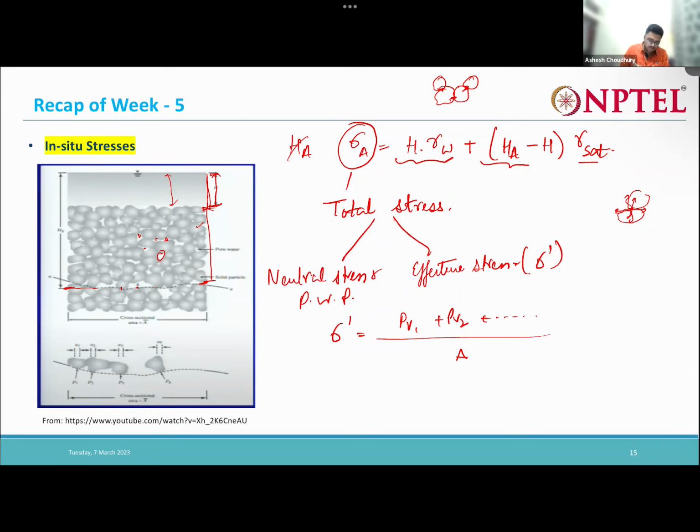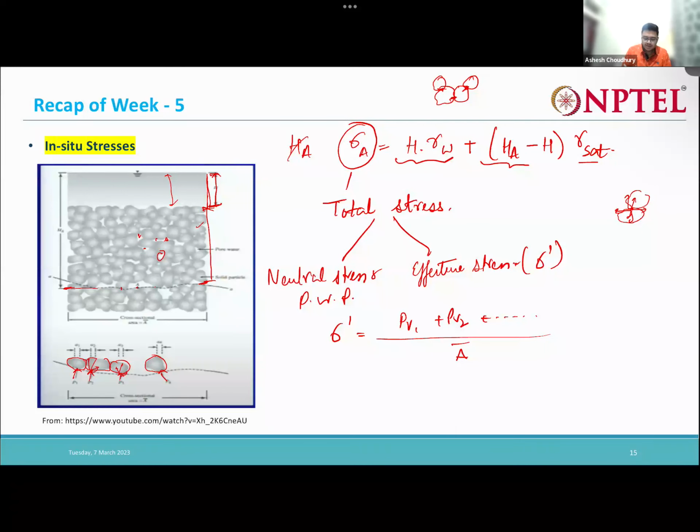Okay, so here these are the soil grains, and at the contact, these are the forces that are acting. They are the contact forces between two grains, P1, P2, P3. These are all the contact forces. All these contact forces will actually have some vertical component, right?